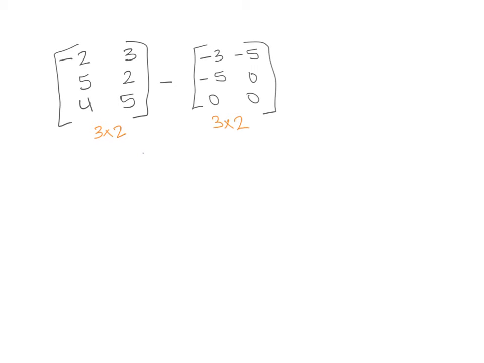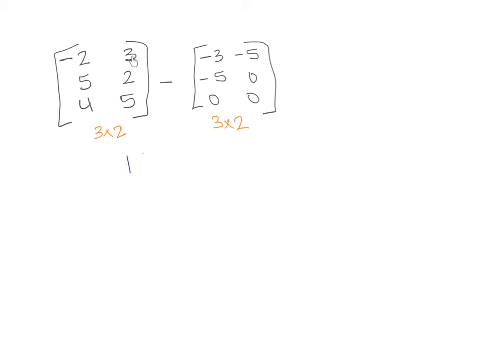If you feel comfortable where you don't have to write out that second step, we don't necessarily have to. We can get right to our answer. Corresponding parts are what we're going to subtract. To begin with, we have negative 3 minus negative 3, which is going to give us 1.